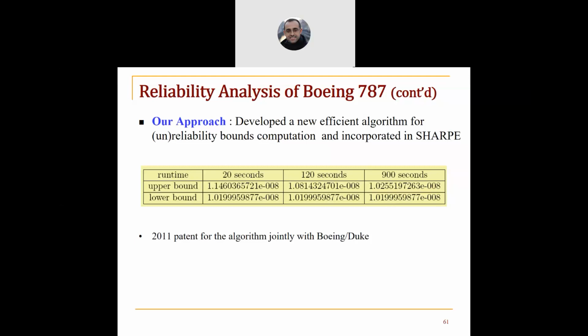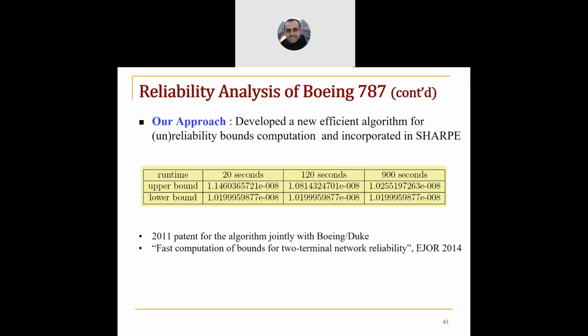And Boeing liked this new algorithm so much that they decided to patent the algorithm. This work was done in 2008, I think, and it took a little while to get the patent done. And therefore, we had to hold the publication of the paper. Eventually, we published the paper in EJOR, European Journal of Operational Research, in 2014.